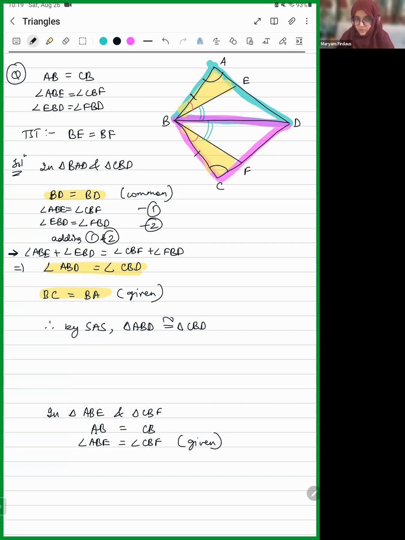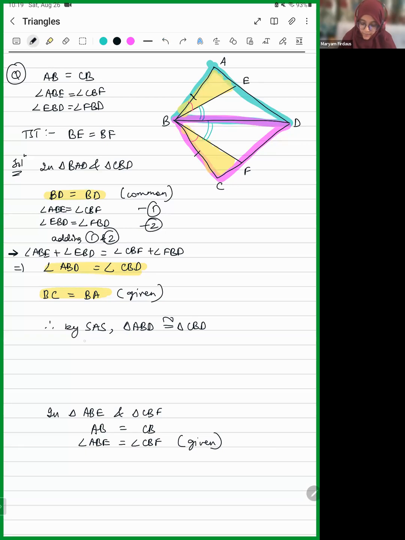How? Because BC is equal to BA already. But I am talking about these two angles, not the sides. How can we? Because of CPCT, like we have already proved in the previous one. Yes.